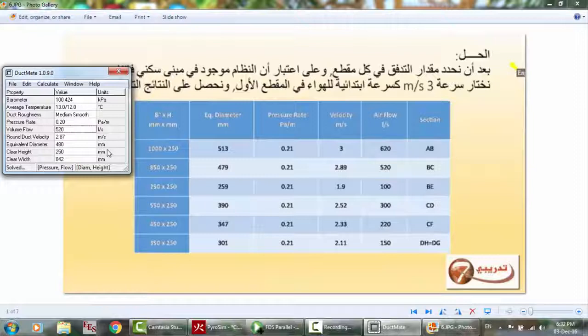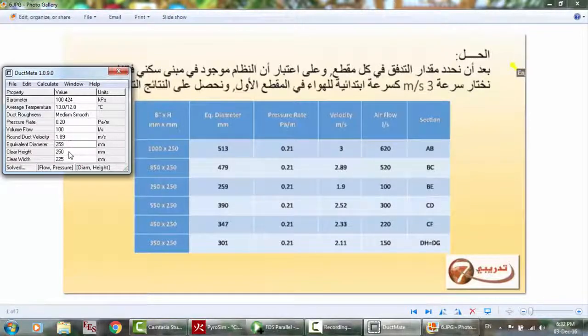Then 100. It's okay. Look, 1.89. Here is 1.9, and the equivalent diameter 259, and here's 250, and here's 250. Okay.